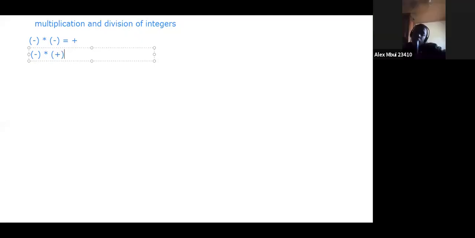Then another one here, minus times plus, to give you what? Minus times a positive should give you a minus, is equal to a minus.